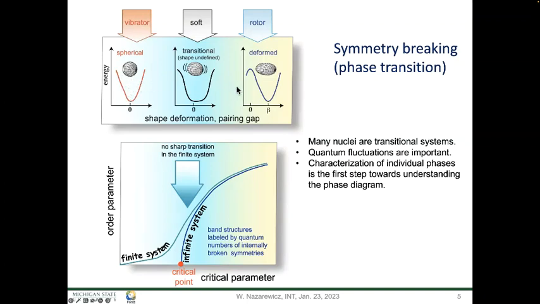And there are collective nuclei, deformed nuclei, which you can imagine as ellipsoids, okay? For those nuclei, the minimum of energy in the mean field picture corresponds to non-zero deformation.